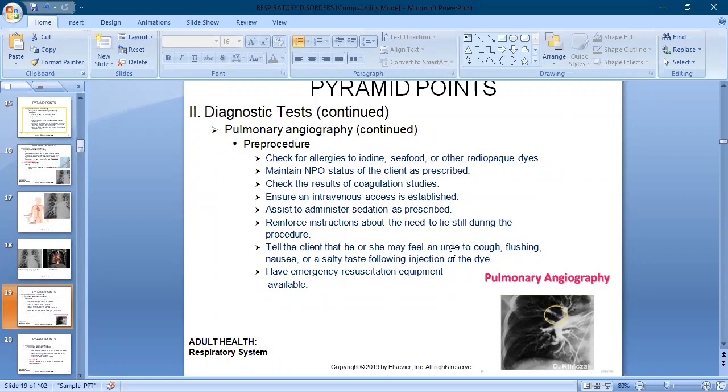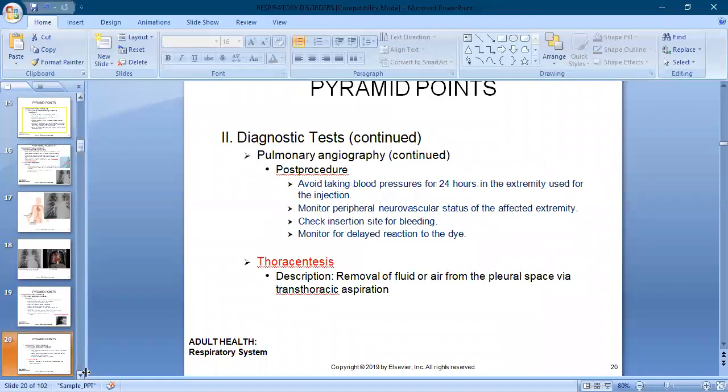If you tell them before the procedure, they will be aware of that, and they will not panic or be stressed. Also have the emergency resuscitation equipment there. Oxygen should be there. A suctioning machine should be there. If any complications start, we should manage them.